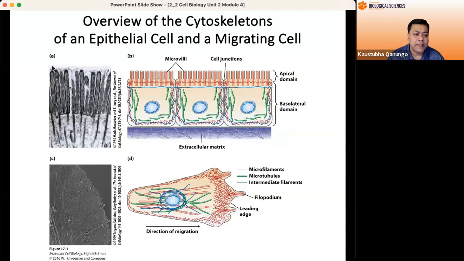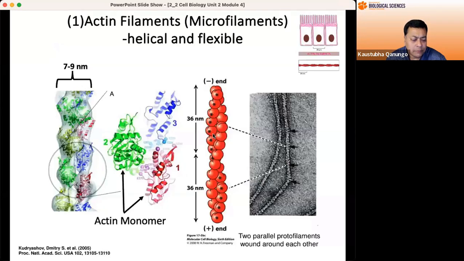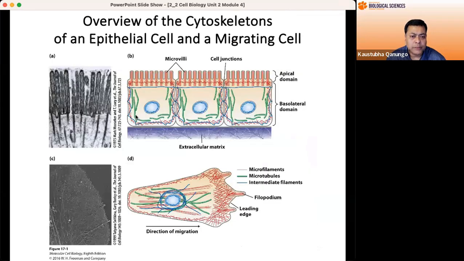So you can see that these are some of the other nicer pictures. Here, what we are seeing on the left-hand side is an electron micrograph, and this is a schematic. Think about it that each of these cells that you are looking at here is representative of one of those cells. So this red part is the microvilli, and those red things are the actins, which are maintaining those structures, and they can move as well, because these actins are in a dynamic state.